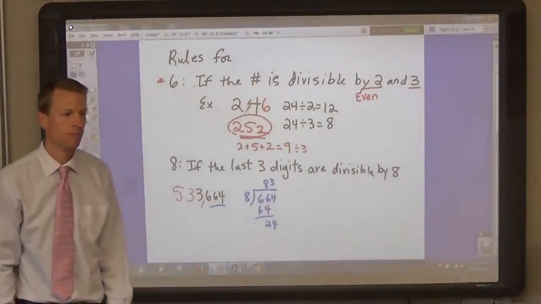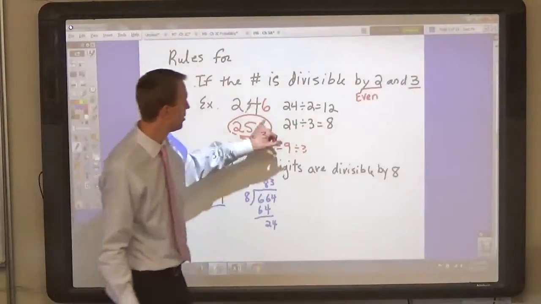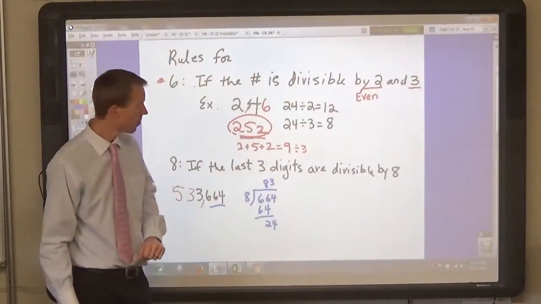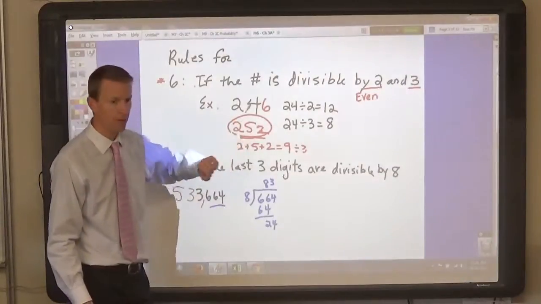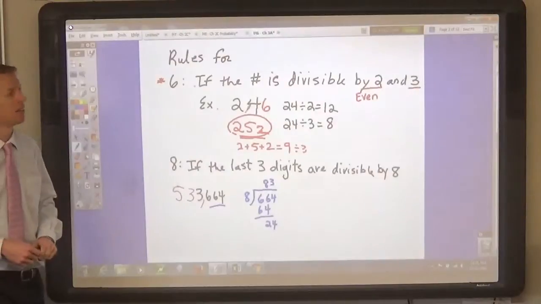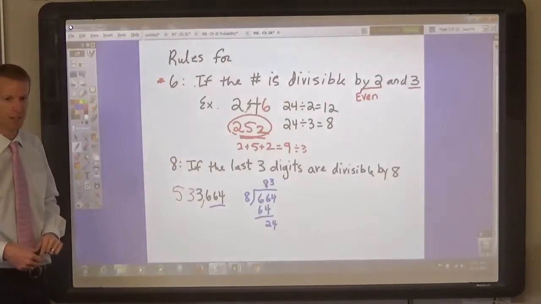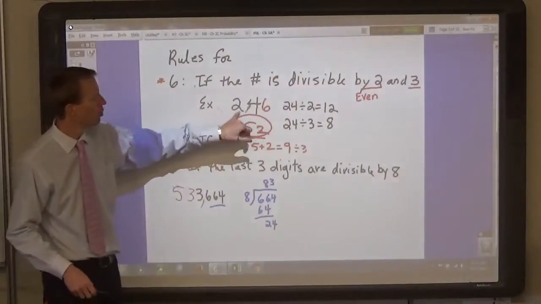Ariana? Right, if the last digit is even. How would we check to see if it's divisible by 3? Jen? If the sum of the digits can be divided by 3. Right, yep. So let's take these two examples.